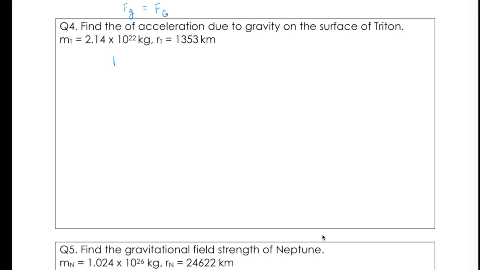So the mass of the object times the acceleration equals the gravitational constant times the mass of the object again times the mass of Triton in this case, divided by the radius squared.